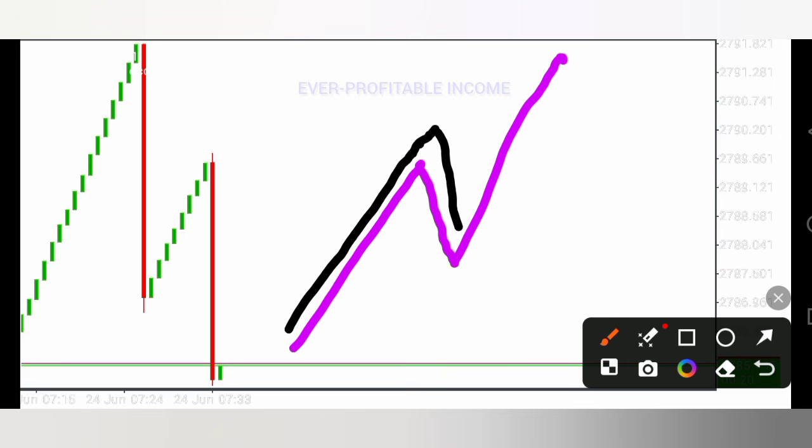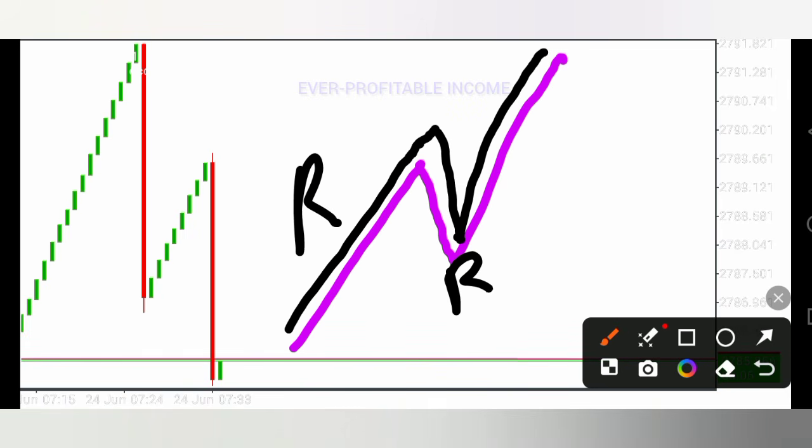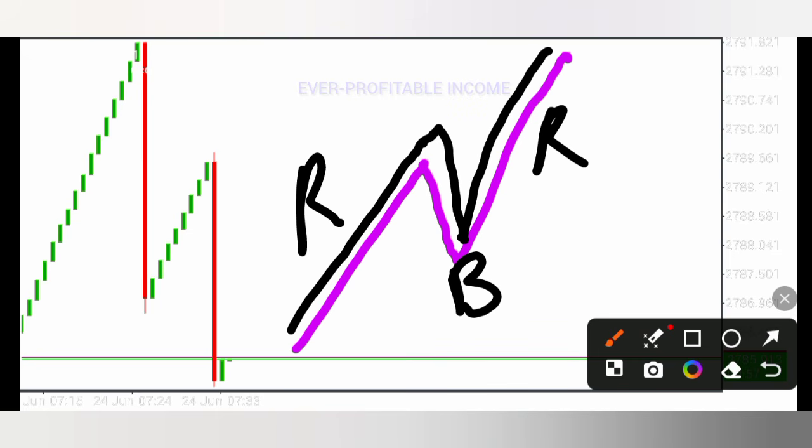Then the time at which it retraces is called the base. And then the time at which it continues trending upward again is called rally. So that is why we call it rally, base and then rally. Can you see that? Now this concept right here is what we are going to be using today.